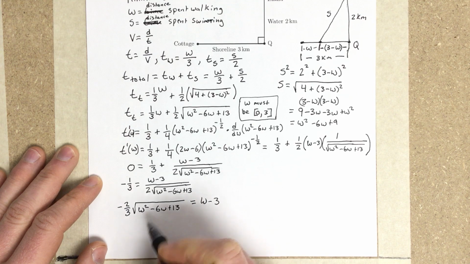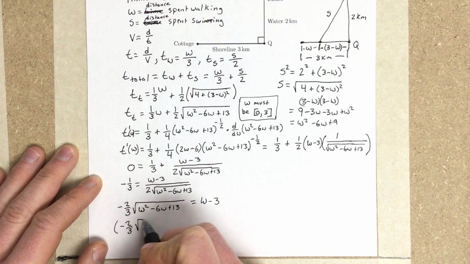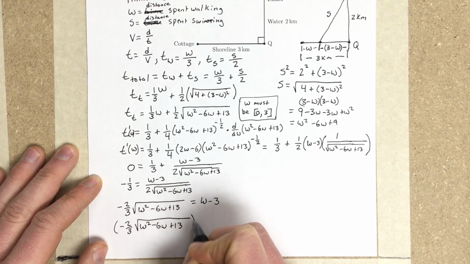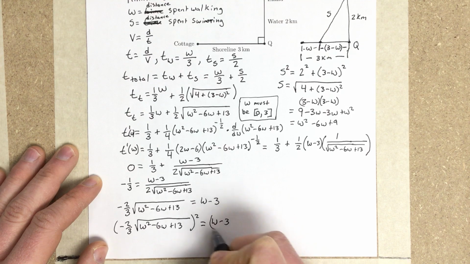I'm going to now square each side. So I'm going to take this negative 2/3 root w squared minus 6w plus 13 and square it, and I'm going to do the same thing to (w minus 3) squared.